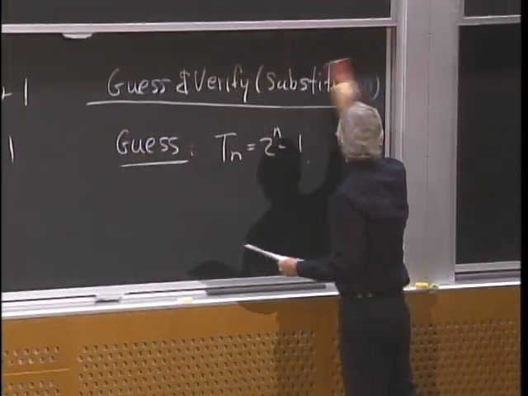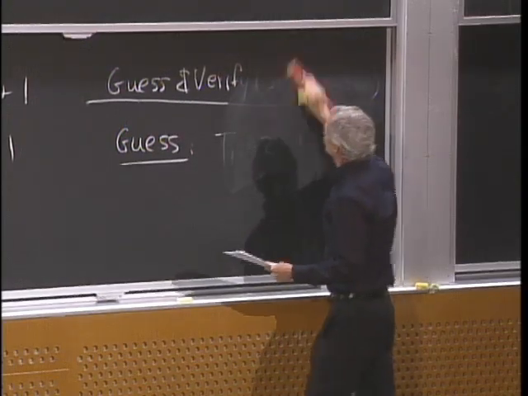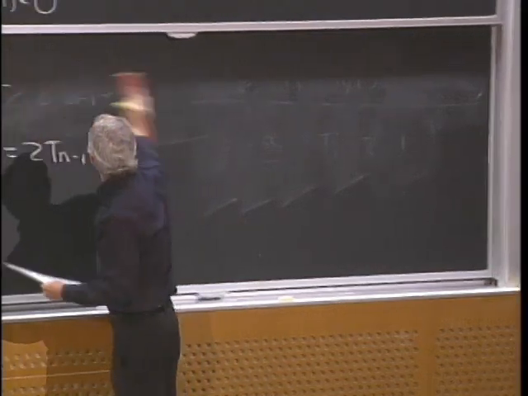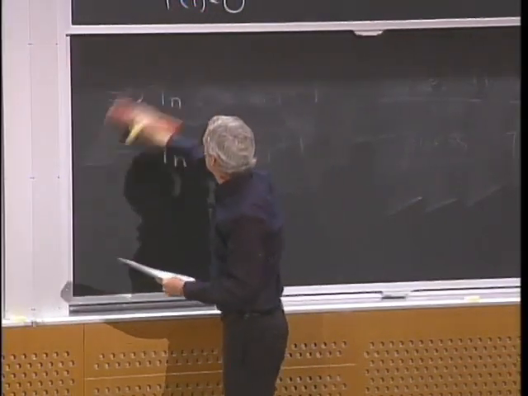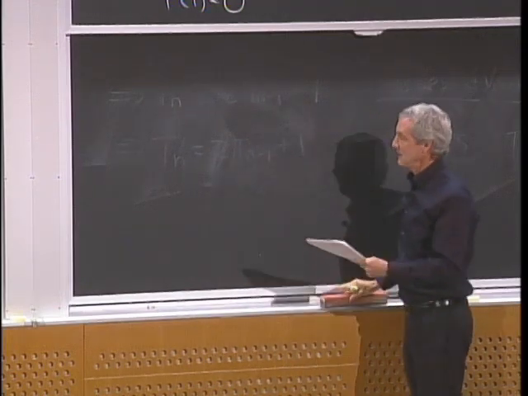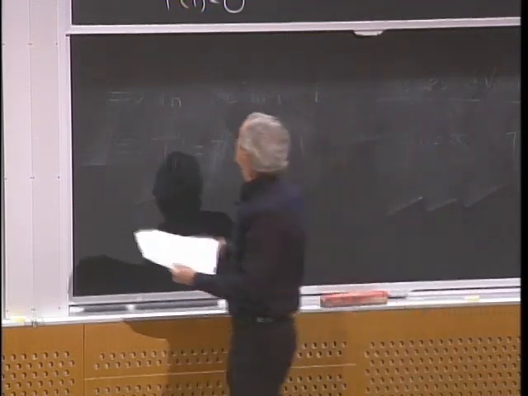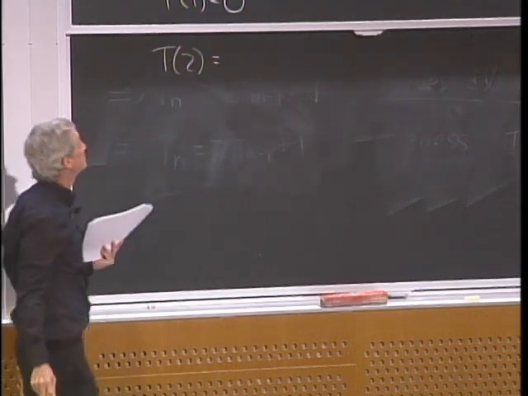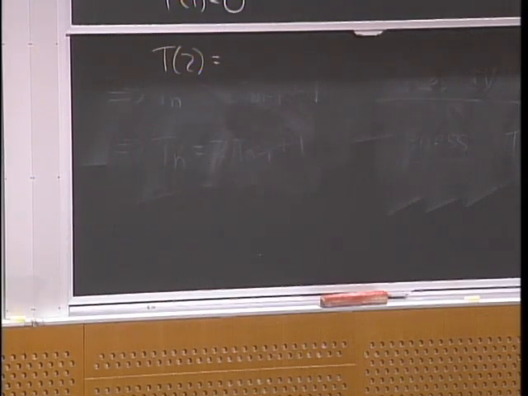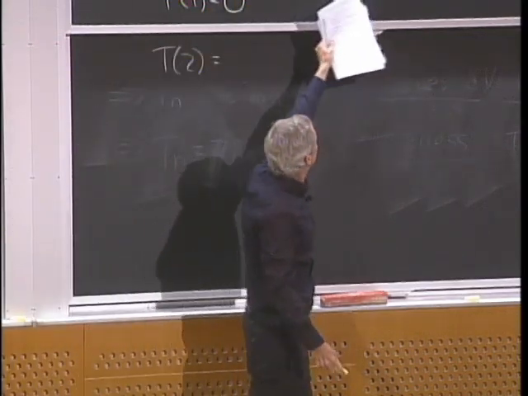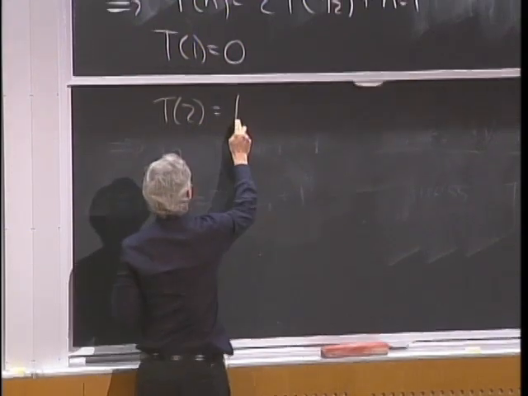All right, so let's find the answer. The first thing to always do when you see a recurrence is to compute a few values and try to guess the answer. So what's T(2)? 1. Plug it in: I get 2T(1), T(1) is 0, plus 2 minus 1, that's 1.